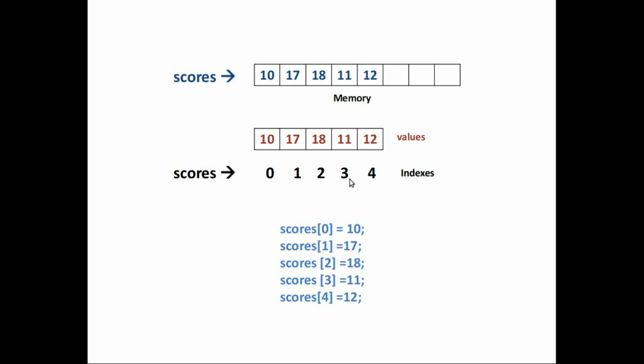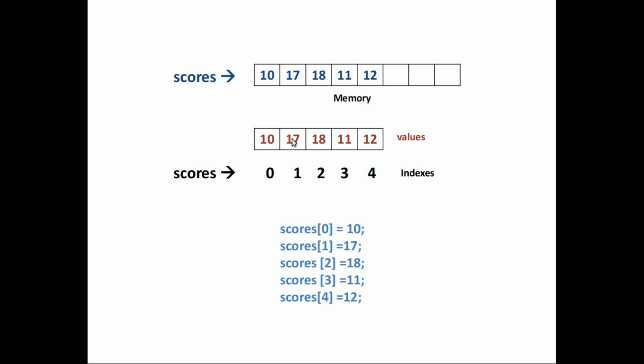5 different indexes. And like I said before, to access items in an array, we use the name of the array and the position of the item, in this case the index, and we put it in square brackets like this. So when we do this, scores open square bracket 0 close square bracket is equal to 10. We are putting 10 into the first position of this array, which is index 0.